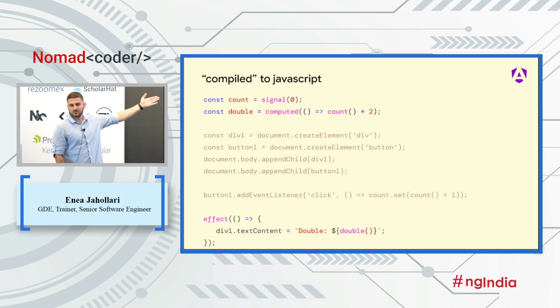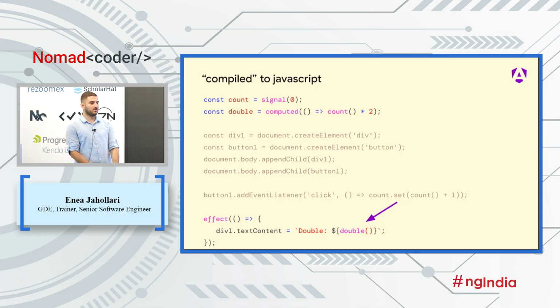We can create divs with document.createElement. And then we also have our event listener that updates that signal. And then we can have one effect that says every time the double, that is a computed signal, changes, just change this text content. Nothing else. You don't need anything else.